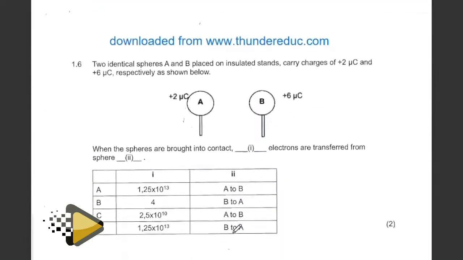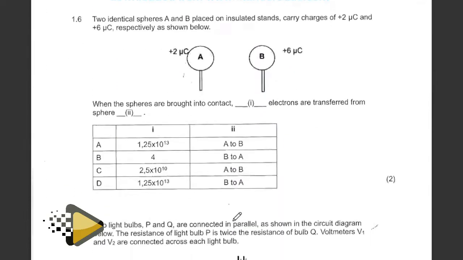All right, then 1.6, two identical spheres A and B are placed on insulated stands and they are carrying charges +2 microcoulombs and +6 microcoulombs respectively. When the spheres are brought into contact, electrons are transferred from which sphere to which sphere?